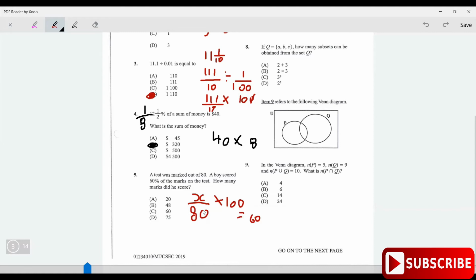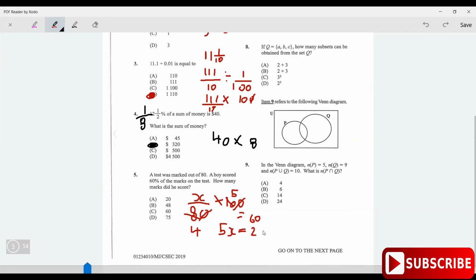Now this 0 cancels this. And then 2 into 8 goes 4 times, and 2 into 10 goes 5 times. And so what we get is 5x over 4 is 60. So you can cross multiply to get that 5x is equal to 4 times 60. 4 times 60 is 240.